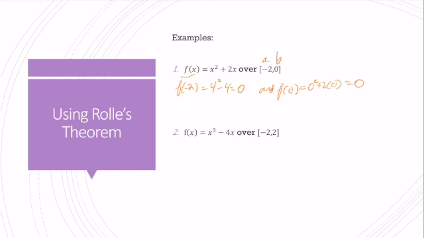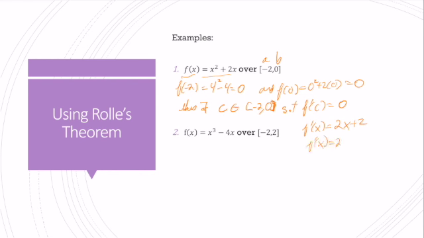Thus, there exists some c in this interval such that f prime of c equals 0. So why don't we go ahead and do that? I need to take the derivative of this function. So f prime of x equals 2x plus 2. And I can pull out a factor of 2, that's exciting.